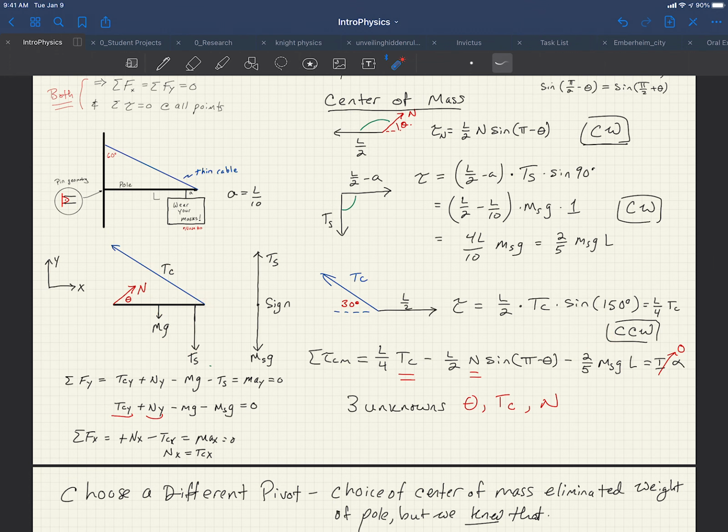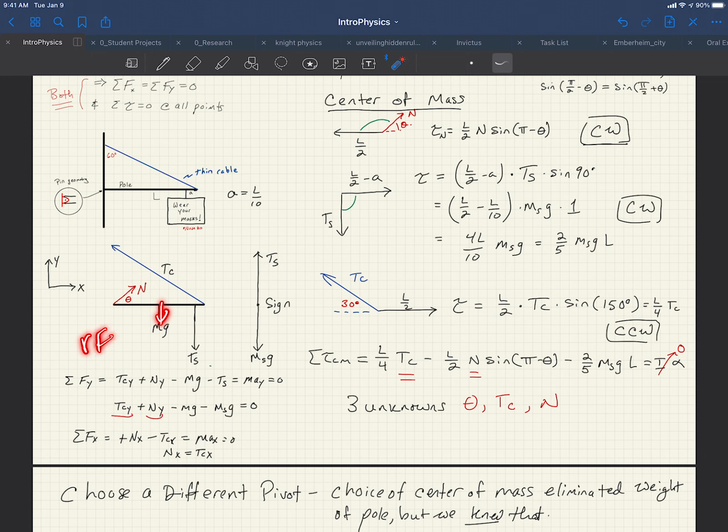So now when I go and I sum my torques, why don't I have a torque for this weight? Well, there's two reasons. The first one is torque is RF sine of theta, right? And how far is this acting from the point of our pivot? Well, the answer is 0. Our pivot is right here. So this force is 0 distance away.